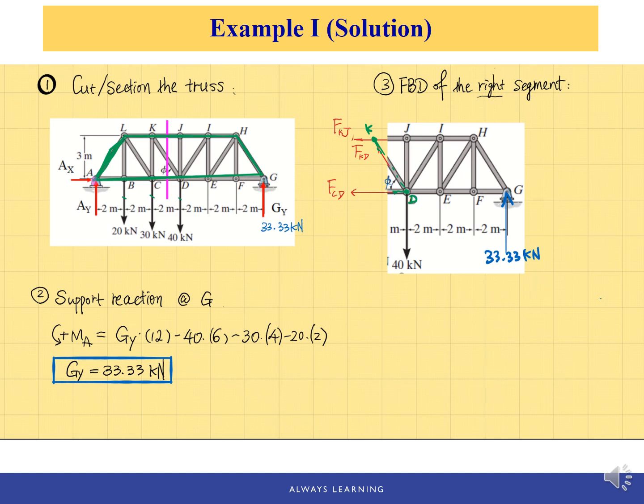Another thing is the orientation of this member KD. The angle phi is noted here, but we don't have to use this angle phi. Instead, if you check the geometry of the truss, in this triangle KCD, the bottom is 2 meters and the height is 3. So we have, again, the famous 4-3.